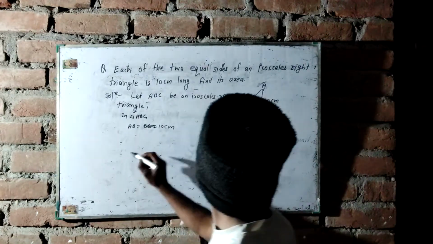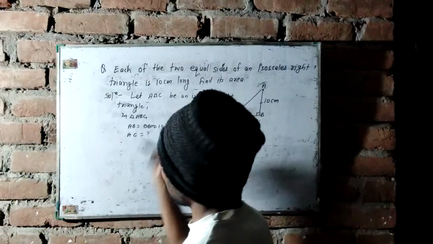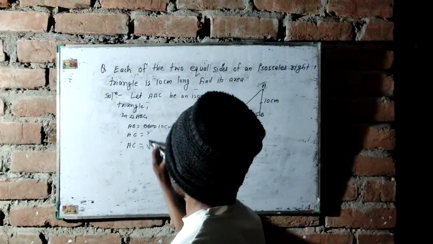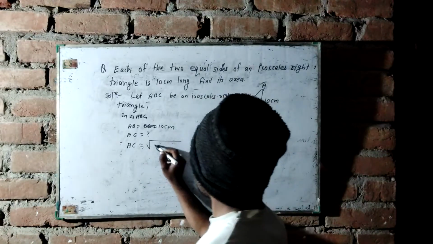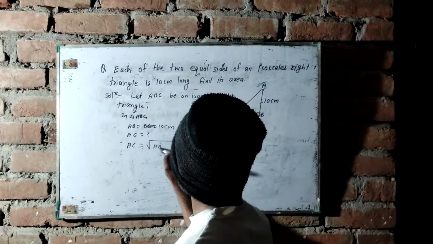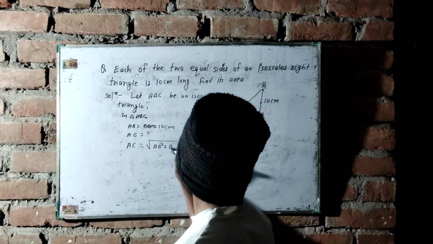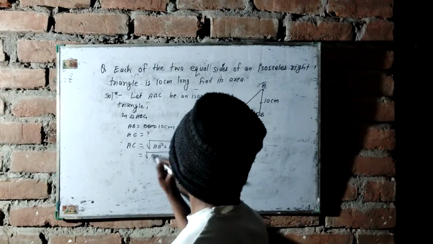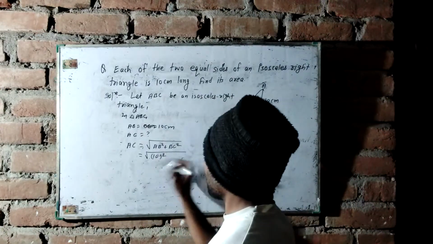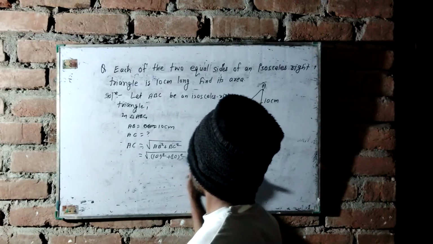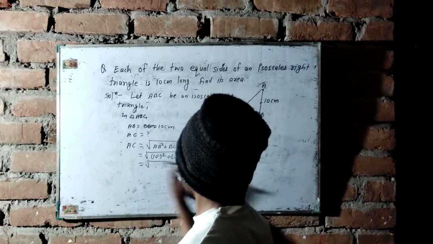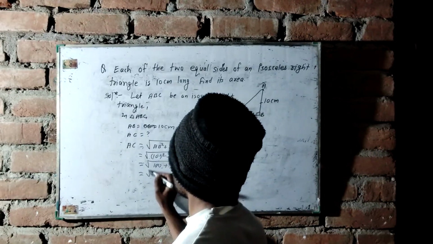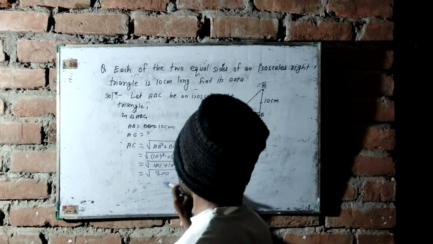And we have to find AC. So by using Pythagoras theorem, we can write AC is equal to root of AB square plus BC square. A square of 10 plus a square of 10. We will get 100 plus 100, so we will get 200.